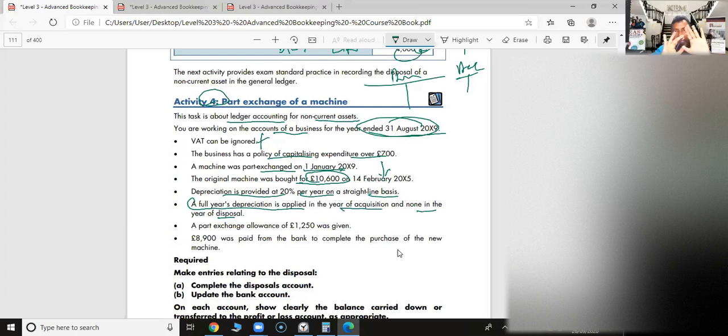So don't worry about the pro rata, the month by month basis. Year of disposal means 2019, we will not charge anything. Year of acquisition means 2015, we will charge all of it. So 15, 16, 17, 18, 4 years depreciation. Would you agree? Straight line is very easy. Just do 20% on cost.